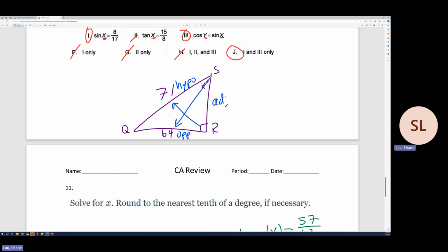We don't care about adjacent right now. If we're working with opposite and hypotenuse, we're working with sine. Sine of x is equal to 64 over 71. Switch and inverse. You get sine inverse of 64 over 71, which is equal to x. And we get x is equal to 64.3.